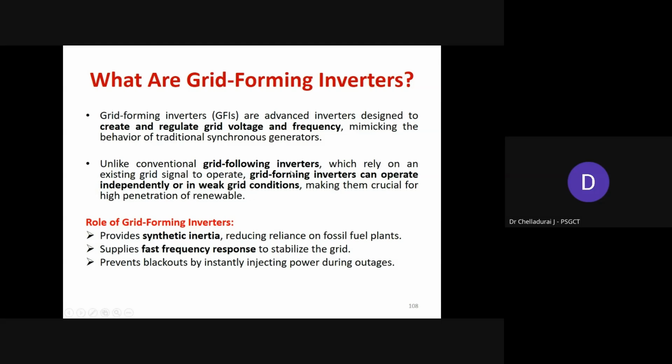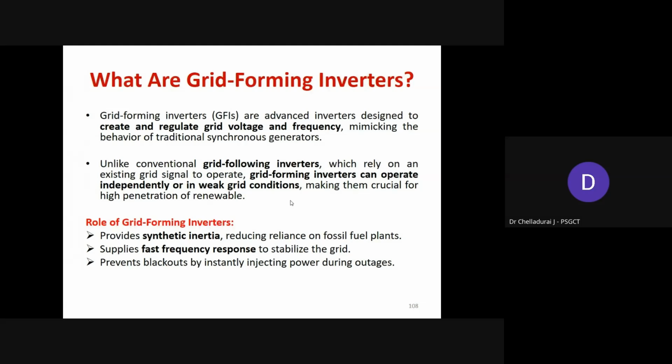If you use this method, the amount of power injected into the existing power system network is approximately less than 50%. The reason is the grid should operate or maintain the voltage and frequency.